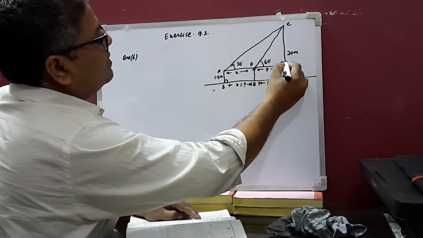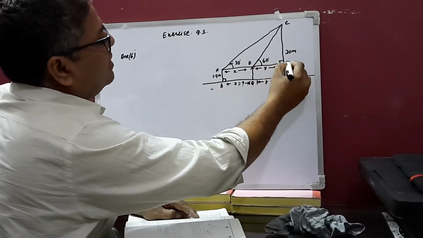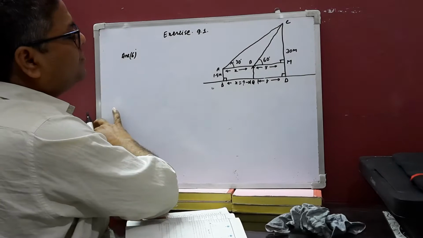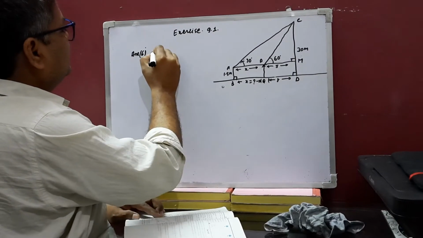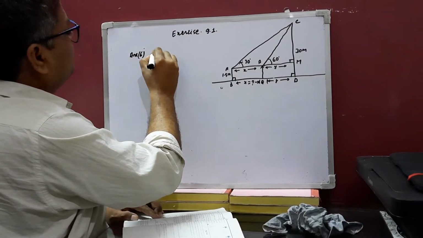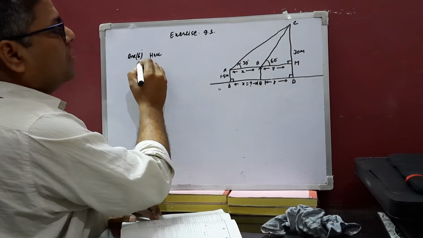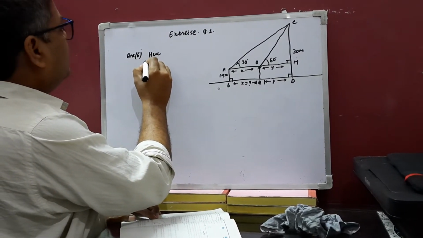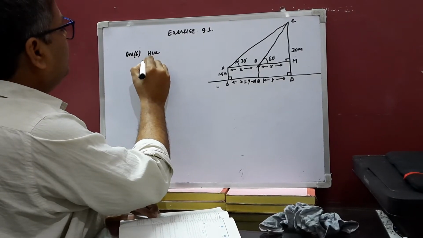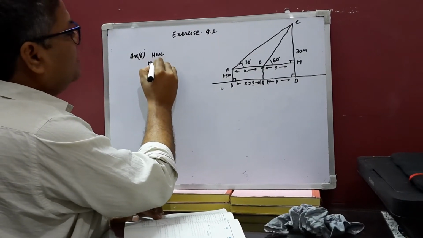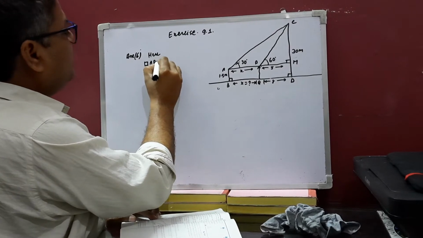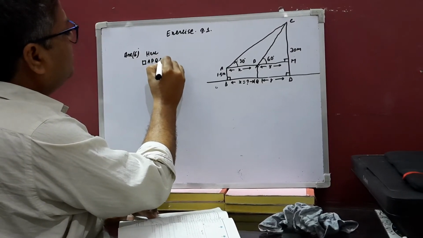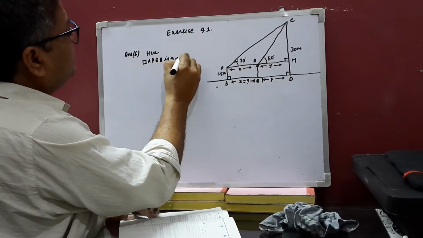This is a right angle and this is M. Here B, AB. Quadrilateral APQB is a rectangle.